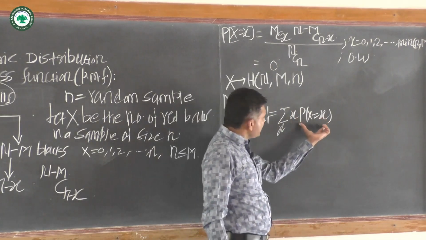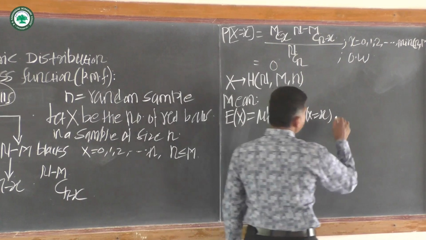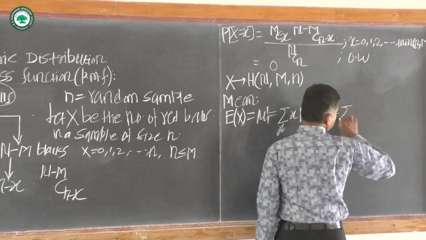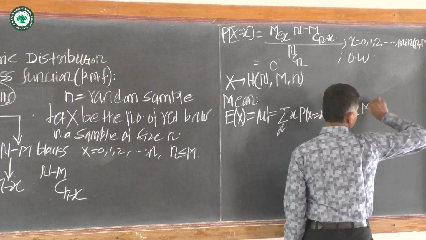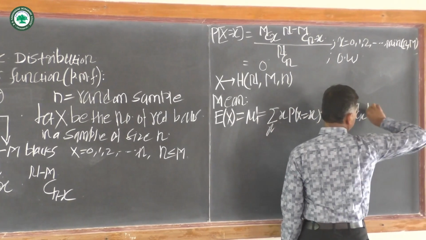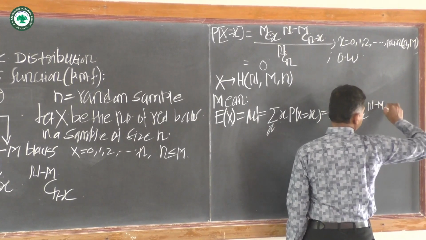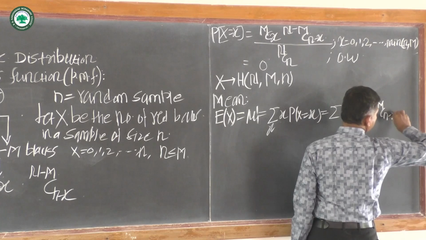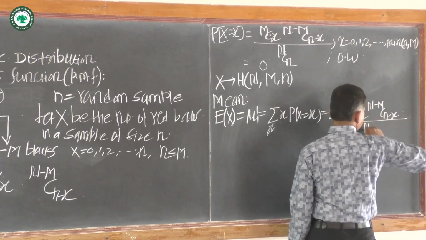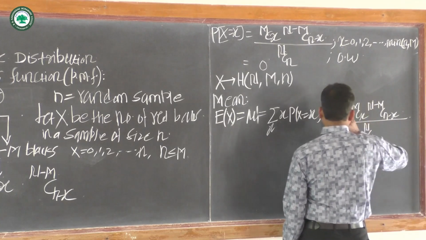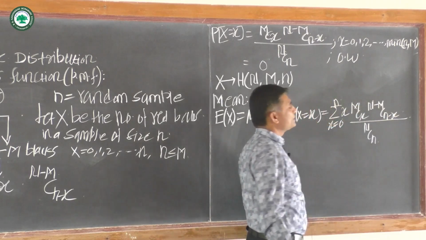Now substitute here the probability mass function of the hypergeometric distribution, which gives the summation of x into MCx into (N minus M)C(n minus x) upon NCn, summation over x, x running from 0 to n.